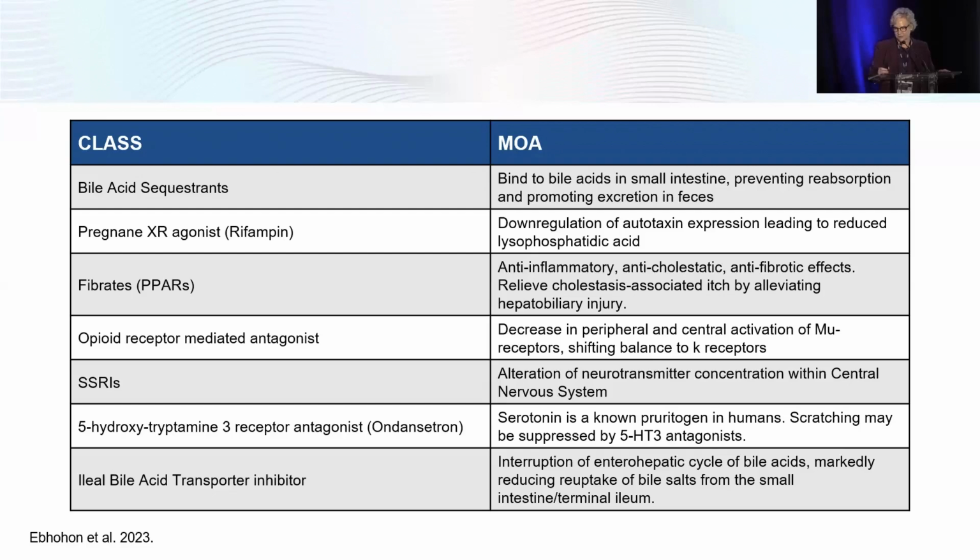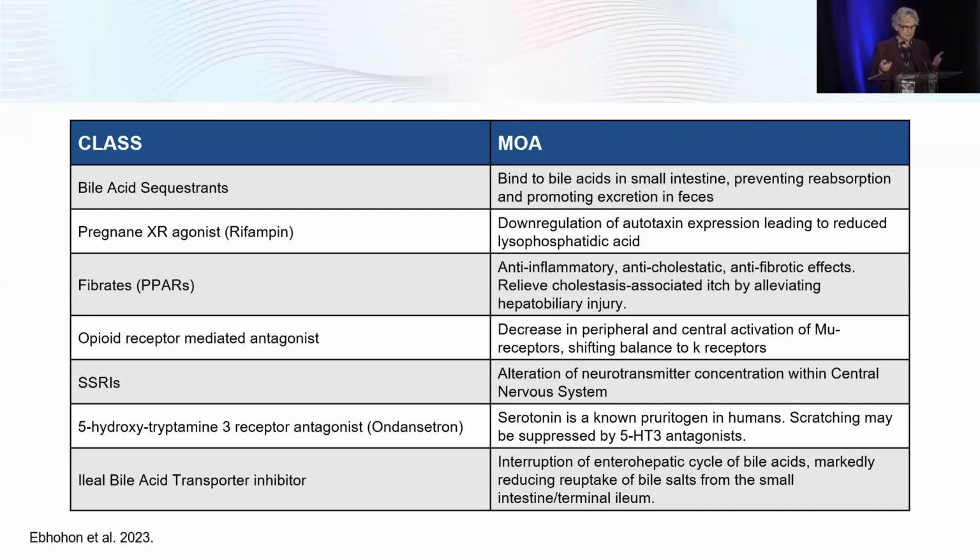I'm not going to go through this all because I only have 10 minutes to talk to you, but it's fairly interesting. And there's some things that you may not have thought about, like ondansetron, where serotonin is a known pruritogen, and if you suppress the 5-HT3 with ondansetron, some people have relief of their itching. So what works for one may not work for another.